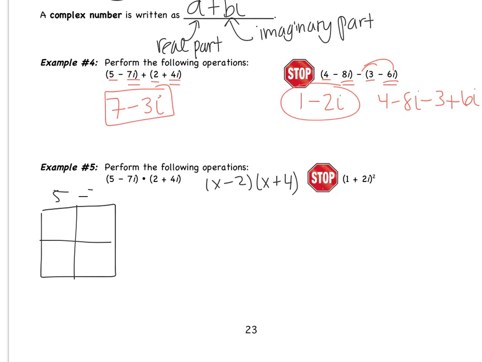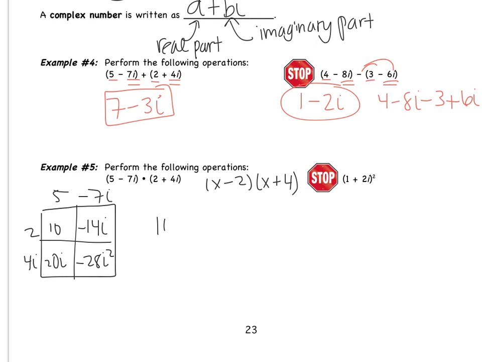I have 5 and negative 7i. I have 2 and positive 4i. 5 times 2 is 10. 2 times negative 7i is negative 14i. 5 and 4i is 20i. And then I have negative 28i squared.